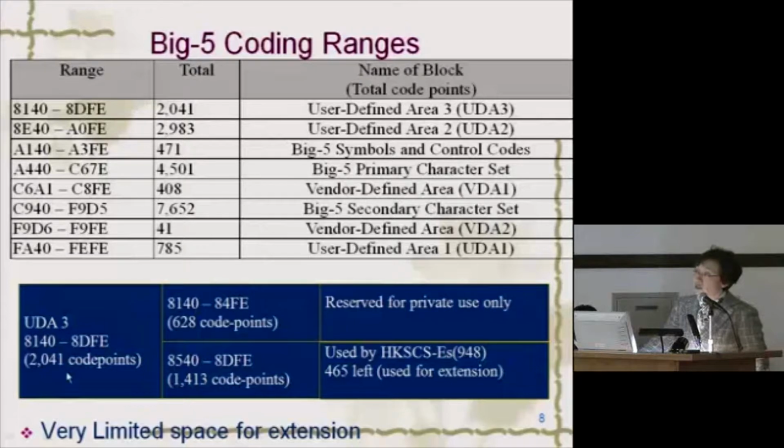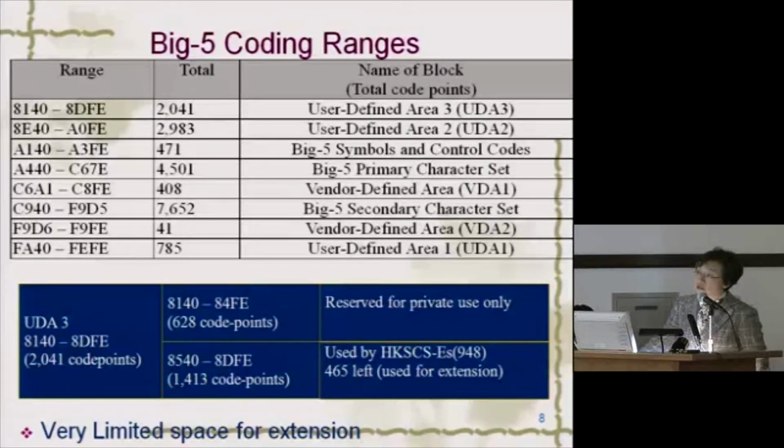So at the design stage, we split UDA3 into two parts. One part, the specific code doesn't really matter, is the part where the Hong Kong government has restricted itself from using it, leaving it as a private use area, meaning that the government promised in all its future extensions they will not touch this area.